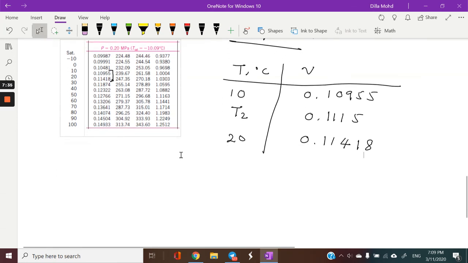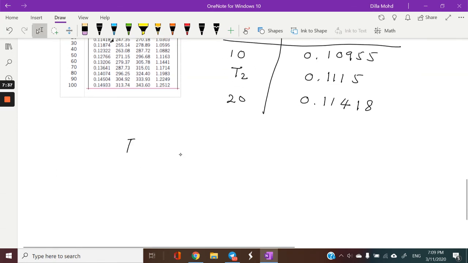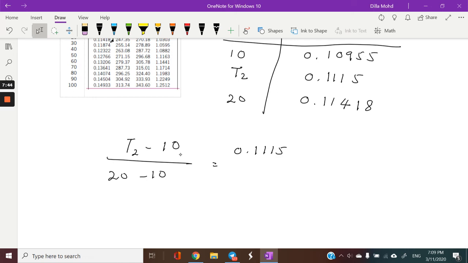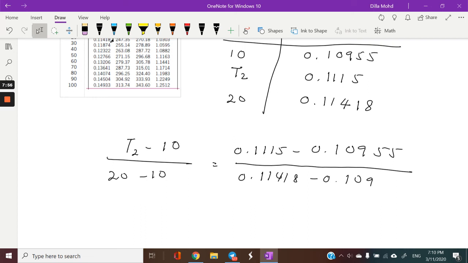So you do your calculation: T2 minus 10 over 20 minus 10 equals 0.1115 minus 0.10955 divided by 0.11418 minus 0.10955. You punch in the values in the calculator, and you end up with T2 equals 14.21 degrees Celsius.